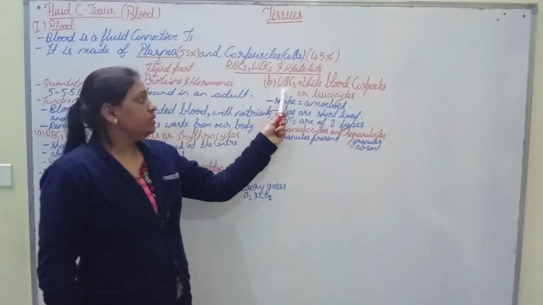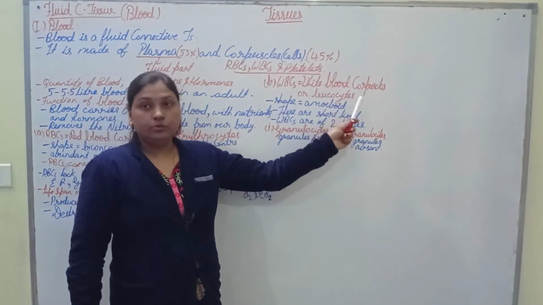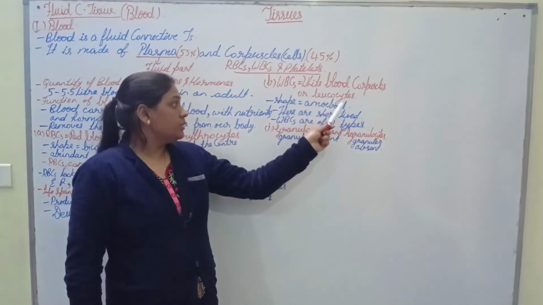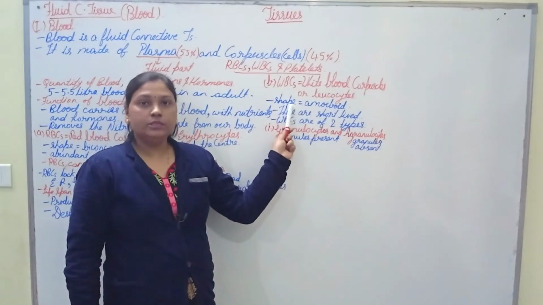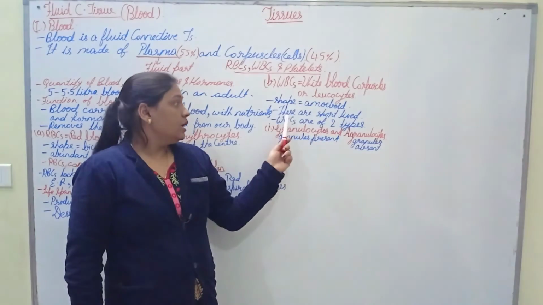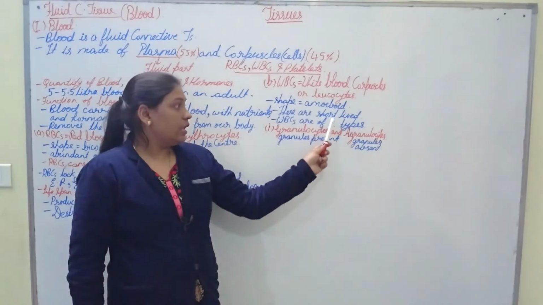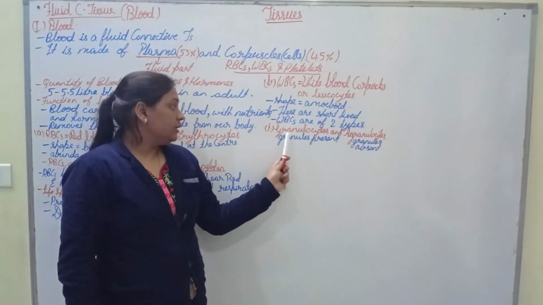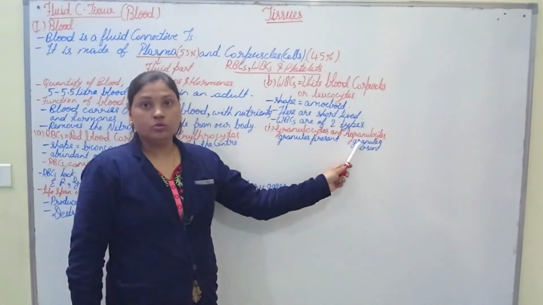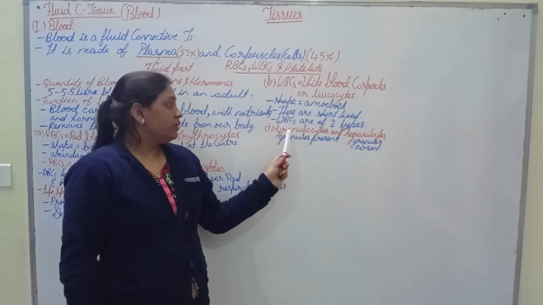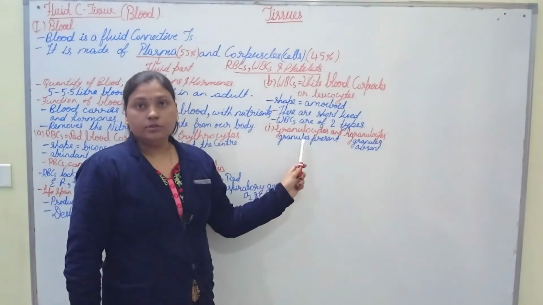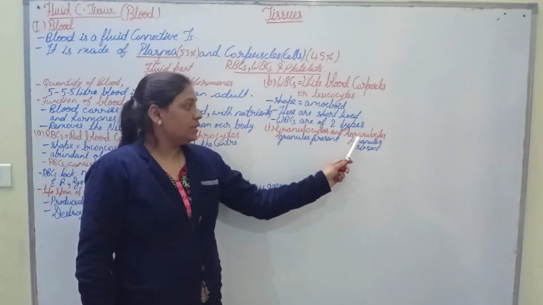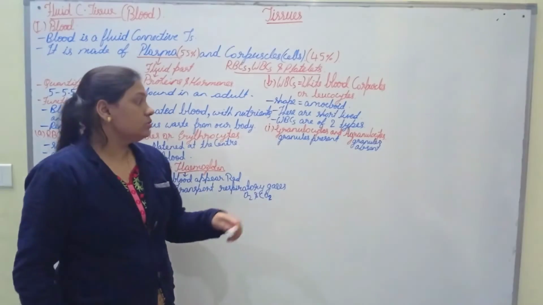So WBCs are white blood corpuscles or leukocytes. The shape of WBCs is amoeboid and they are very short-lived. They are granulocytes and agranulocytes. When granules are found, it is called granulocyte, and when granules are absent, it is called agranulocyte.